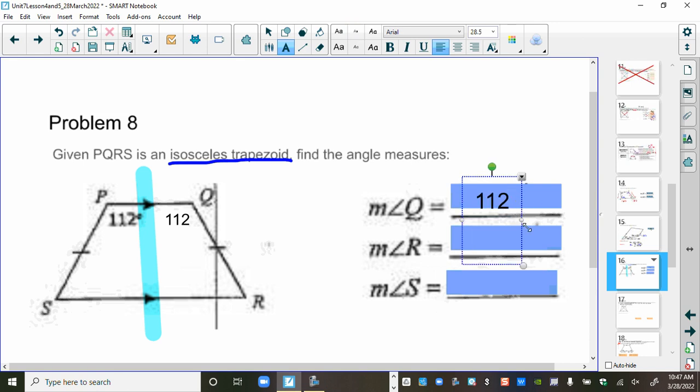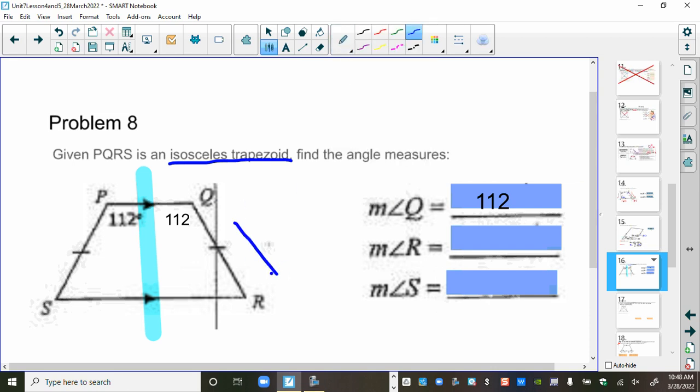And then what about R and S? Well, what do we know going downwards? If we go down, somebody said it. It's going to be 68 in the end. Because going down, the sum has to be 180.